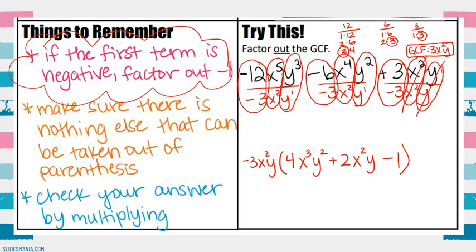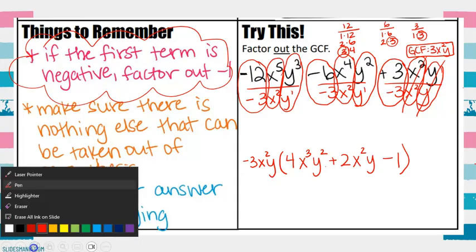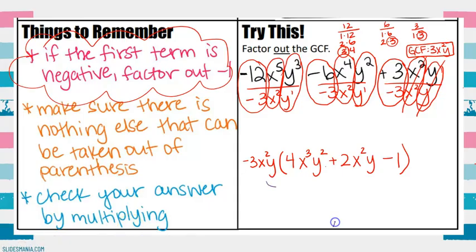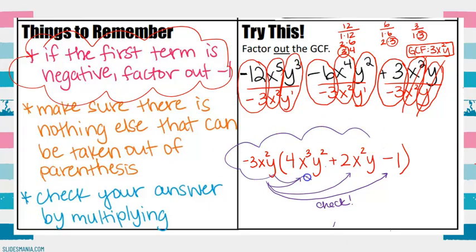It is really important to still write that negative 1 because if I wanted to check, I should be able to distribute in order to get back to the original problem. And if I didn't put that minus 1 there, I wouldn't be able to get back to that original problem. But here is our final answer, where we have our GCF out in front and what we have left after we divide inside the parentheses.